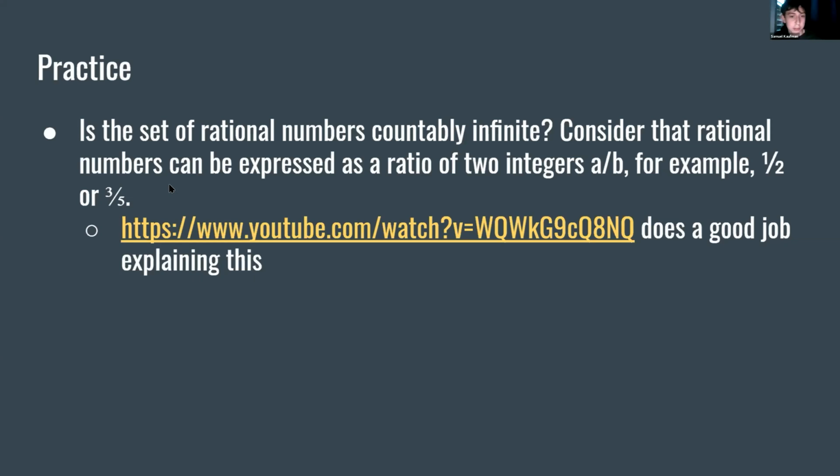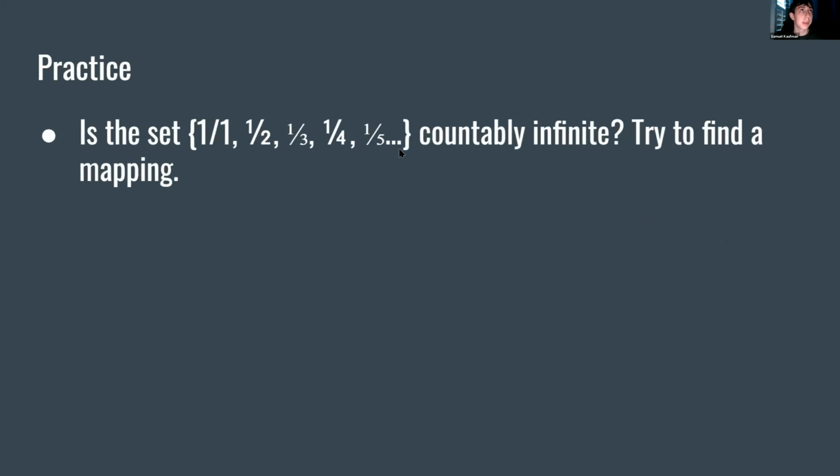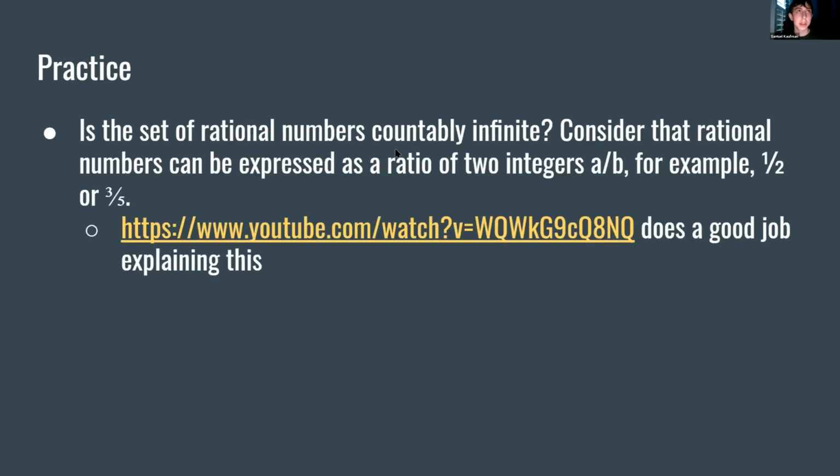So I have one yes and one no so far. A hint on this is that it's going to be hard to use an expression for this. Before, we used an expression to map the natural numbers to the set, like 1 over n. It's going to be pretty hard to do that for this set.